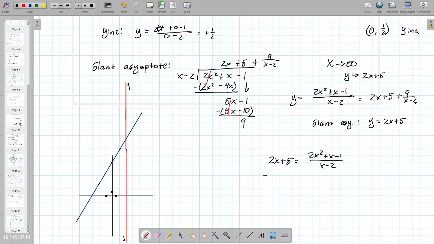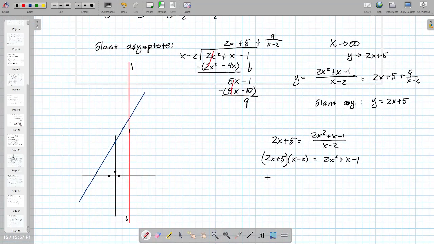Multiply this over with 2x plus 5 times x minus 2 equal to 2x squared plus x minus 1. Multiply this out: 2x squared minus 4x plus 5x minus 10. It doesn't look like we'll have a crossing point. 2x squared cancels.